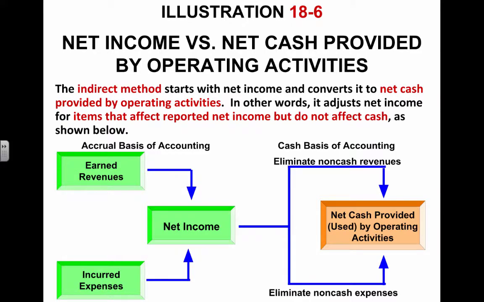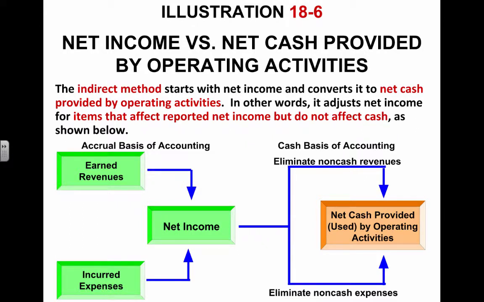Okay, so as we've been talking about accrual accounting, with accrual accounting, you record your revenue when you earn it, not when you get paid. And you record your expenses when you incur them, not when you pay for them, basically. So basically you start with your net income and you convert it back to cash.